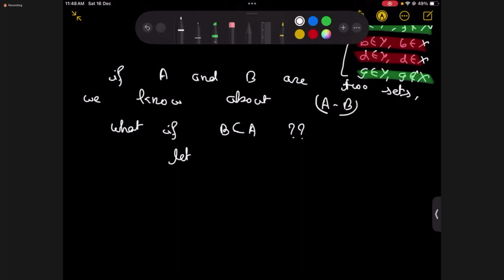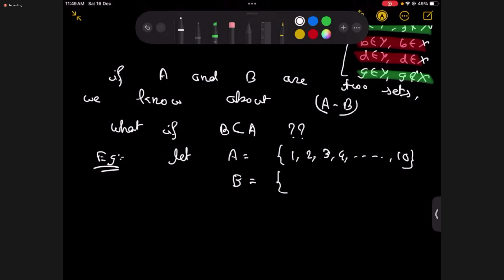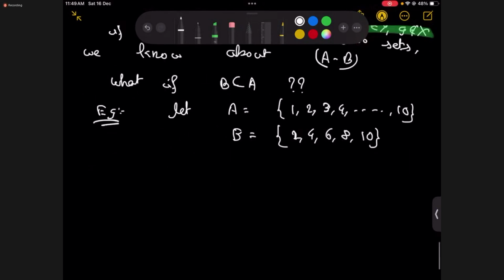Let A equal {1, 2, 3, 4, ..., 10}. And B equals {2, 4, 6, 8, 10}. Clearly you can see that B is a subset of A.